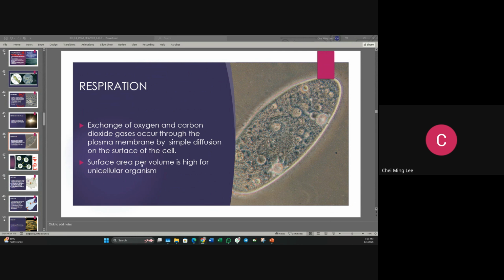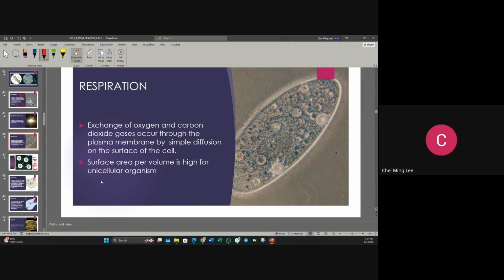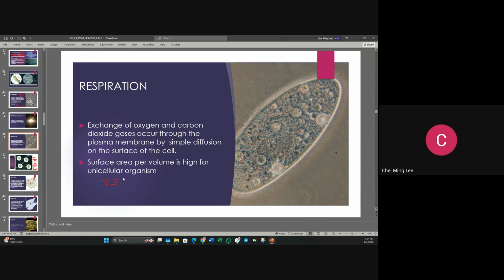So this total surface area per volume, TSA over V, since their V is small, the ratio gets bigger. Okay, do this as well.